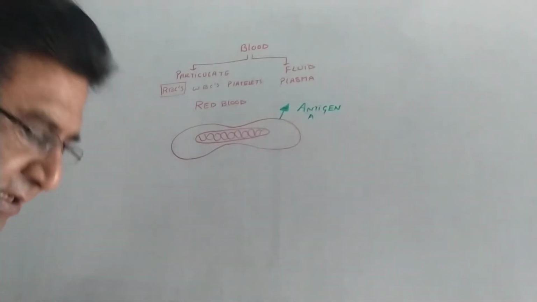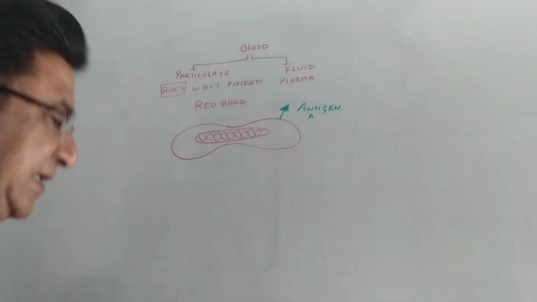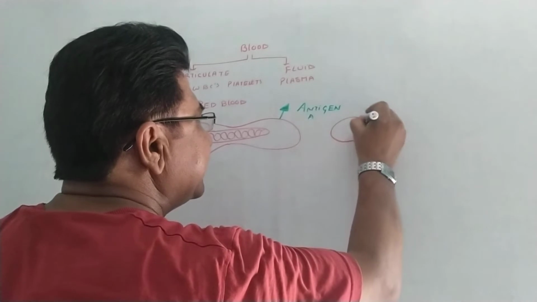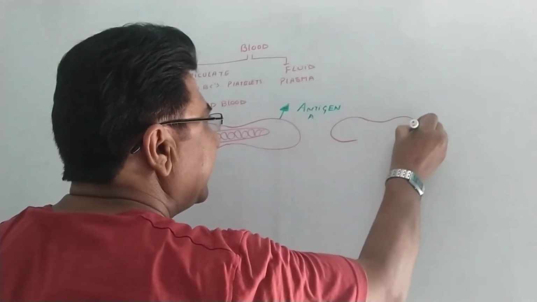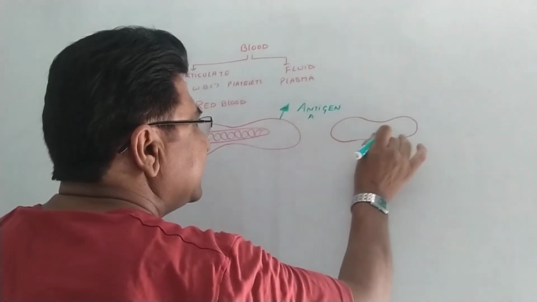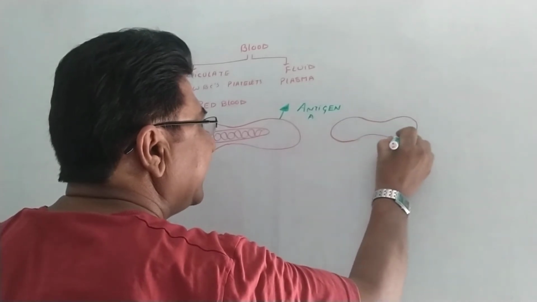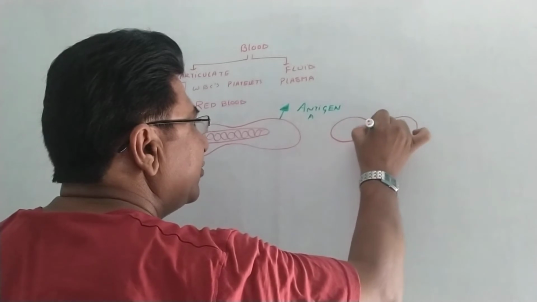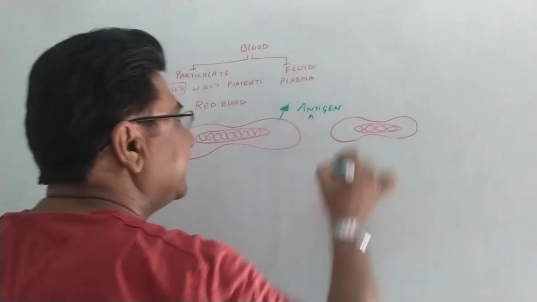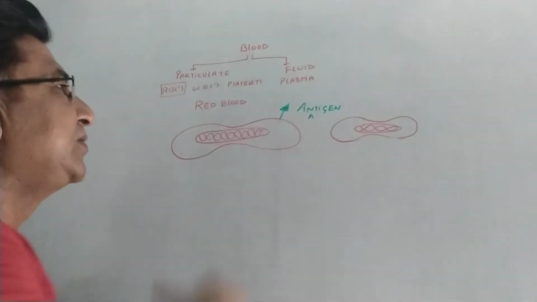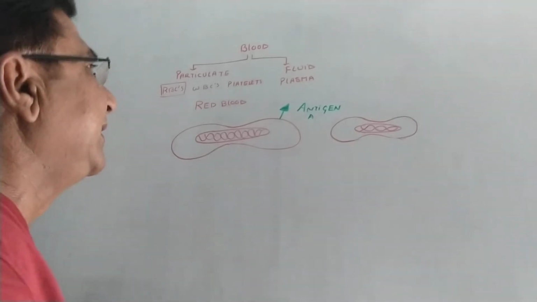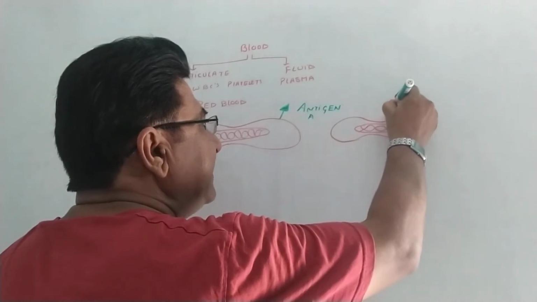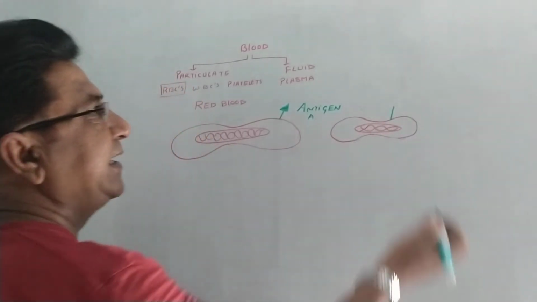Correct? Now suppose we have another RBC present in another blood, just to make it more simplified. And this is the hemoglobin pigment present in it. I'm making a rough diagram because the diagram is not important. It also has an antigen present over it. How do we write B?